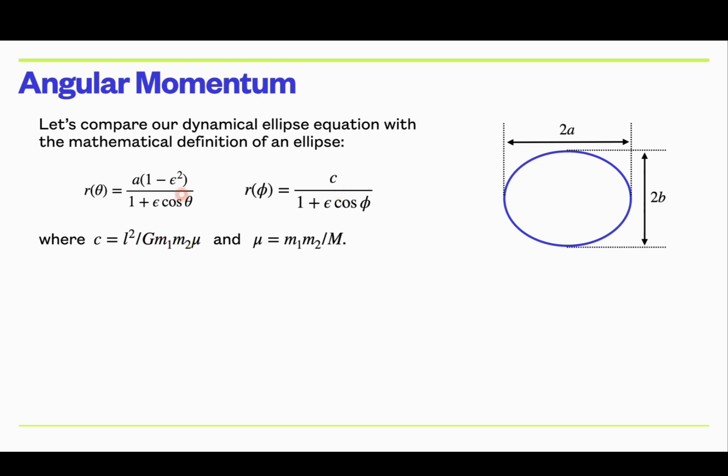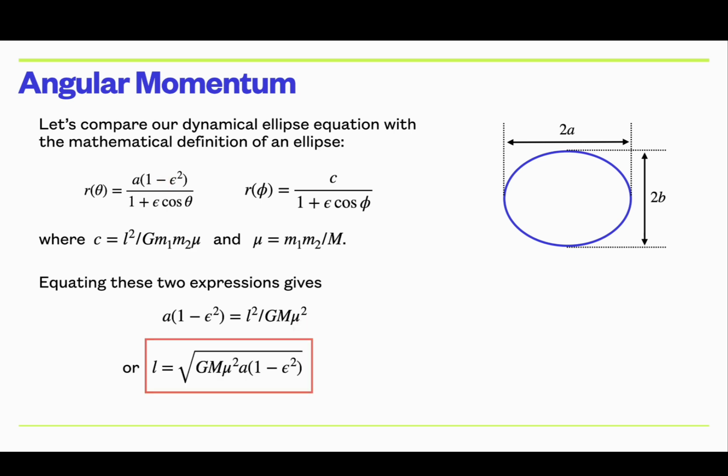If we equate these two terms, both of them have a 1 over eccentricity times cosine theta term, but the tops are different. If both of these are describing the same ellipse, then this constant c must be equal to a times 1 minus e squared.